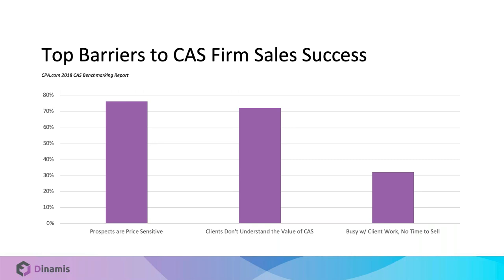And again, you've got to figure out how to structure your pricing and structure the story that you're telling your clients about what you do and the value that brings. The other two leading factors were clients don't understand the value of CAS.